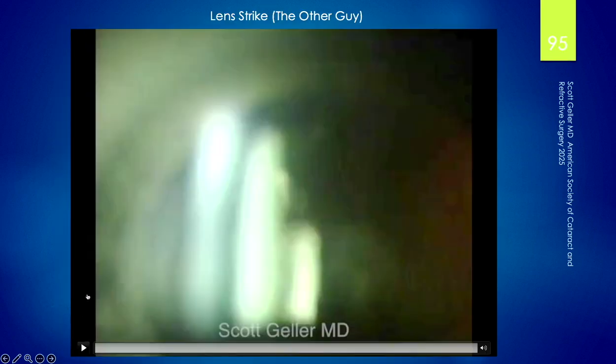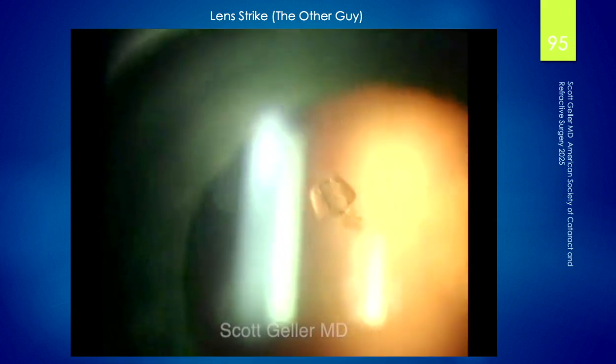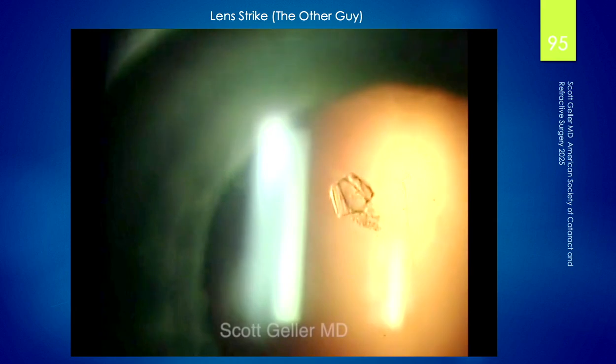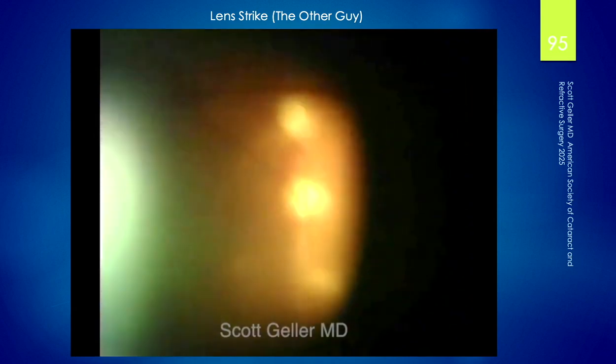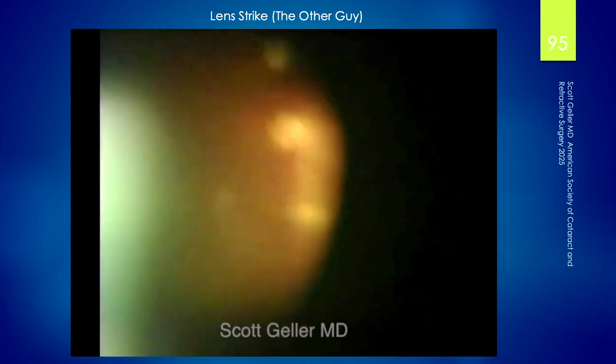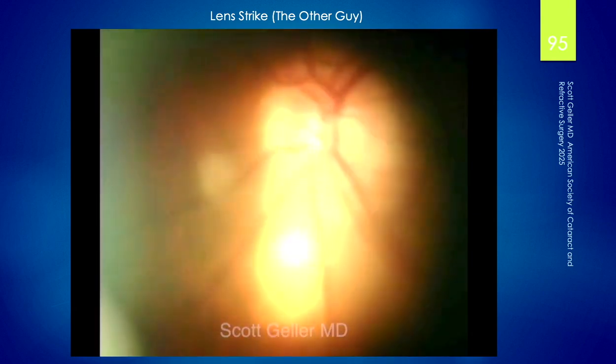What have we got here? A lens strike. Remember I told you about that patient that was done by a famous retina surgeon on the east coast of Florida. This patient had a strike on the crystalline lens, but the interesting part is he had ocular histoplasmosis. Those are histoscars.